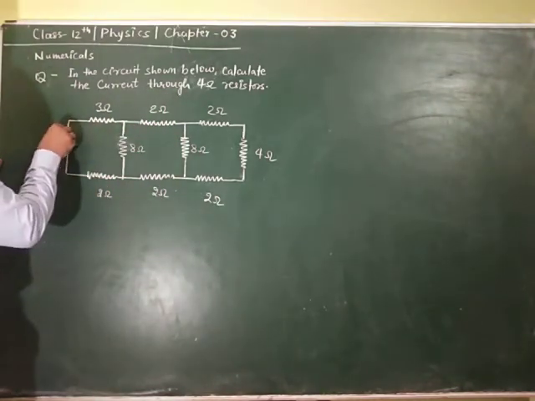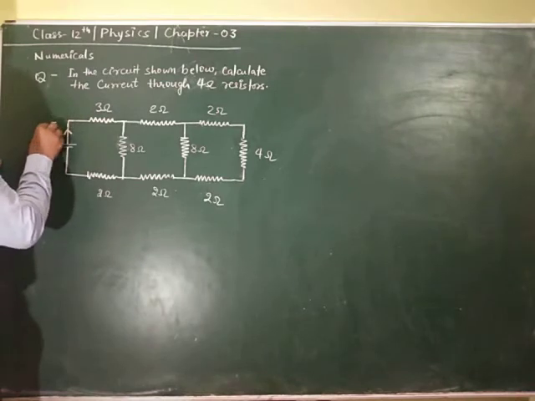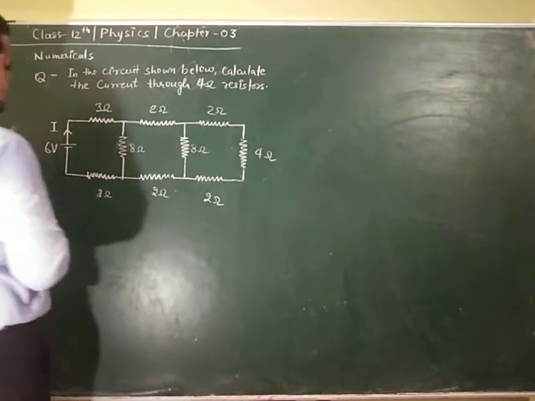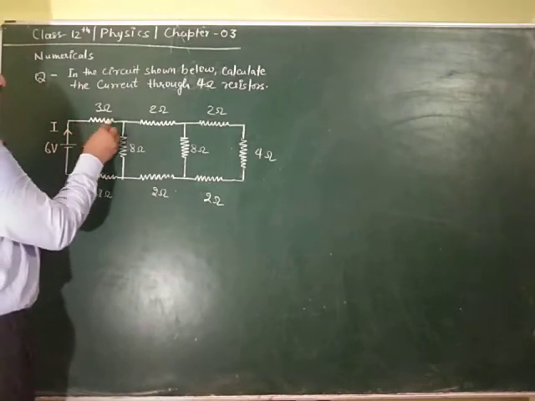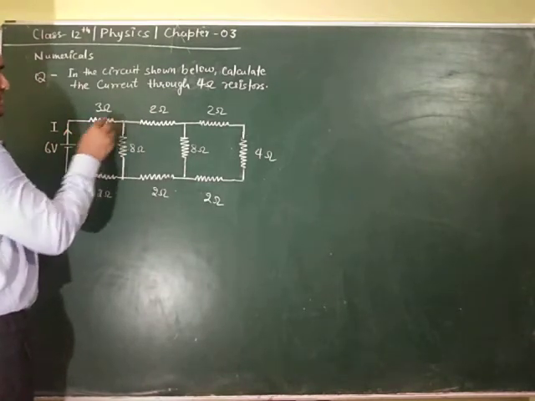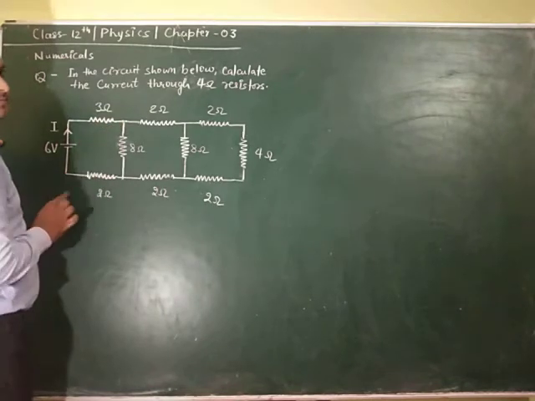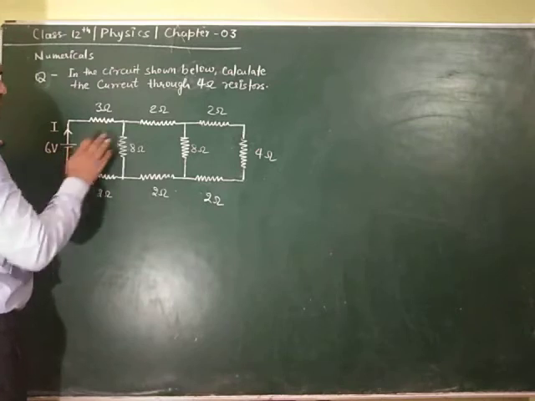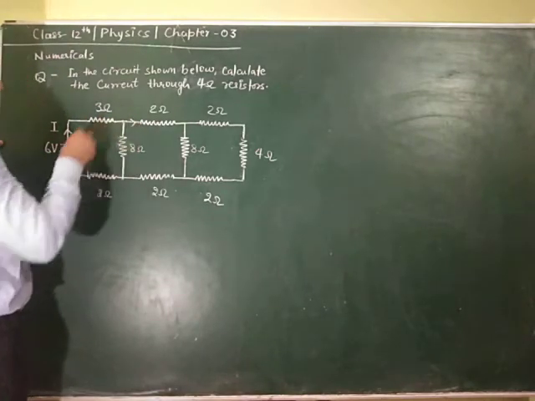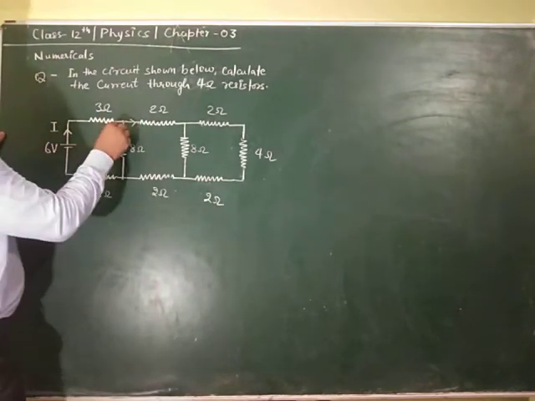So let a current I start from here, and this current I will come back here as well. But when this I reaches here, there are two directions. So I will write that this is another current and this is another current.